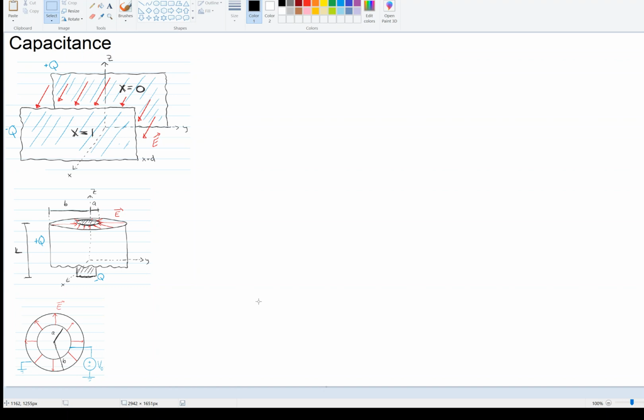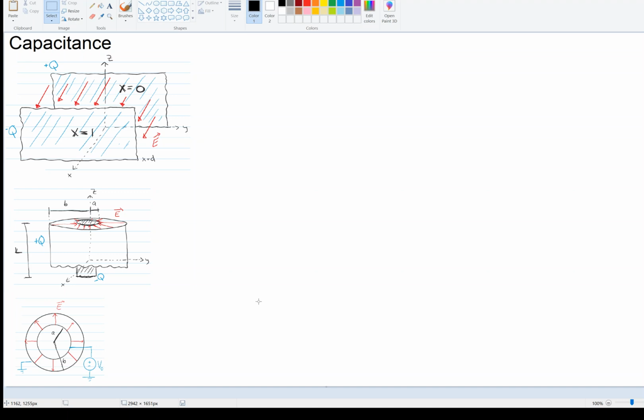We've actually looked at capacitors a few times in this course so far, but we did not call them capacitors at the time. Now we're going to call them capacitors. The plates have equal and opposite charge, which we'll usually denote as plus and minus Q. The charge comes about from a voltage source, like a battery, connected across the plates.